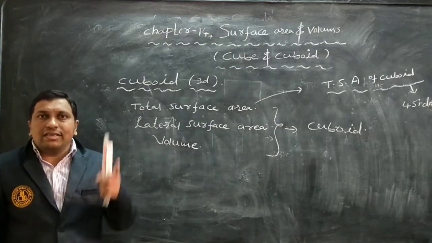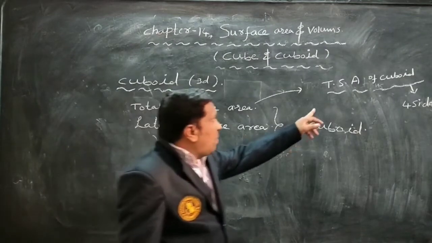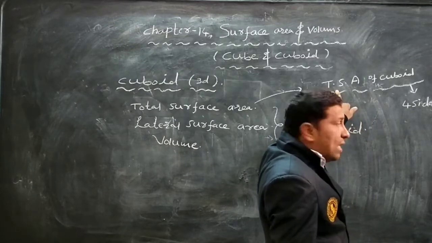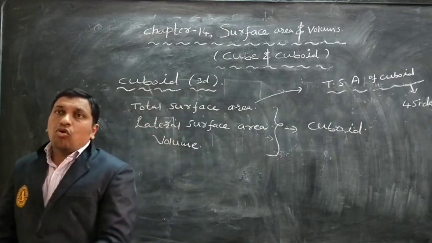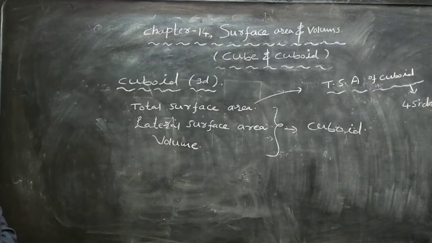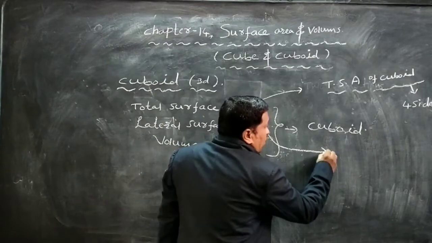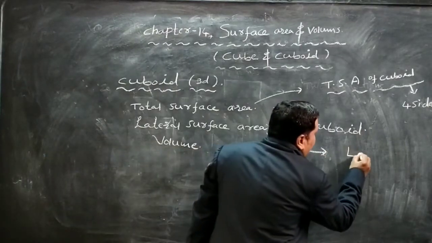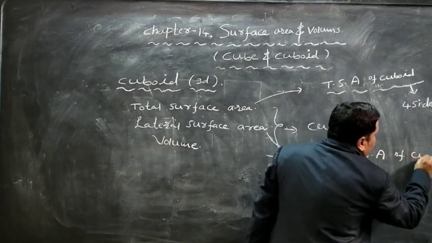We have to calculate top and bottom. Such measurement is called total surface area. In total surface area, we measure the 4 sides along with top and bottom. Second one, what is the lateral surface area? For lateral surface area, the short form you have to write is lateral surface area of cuboid.